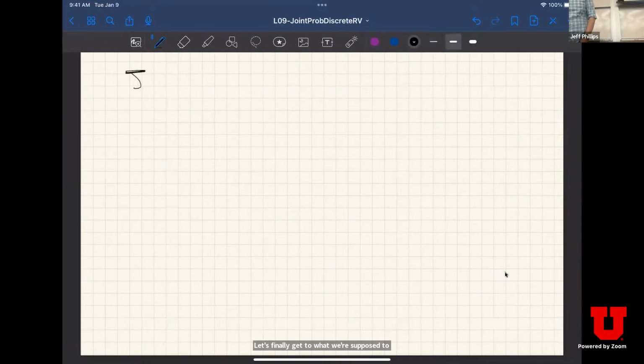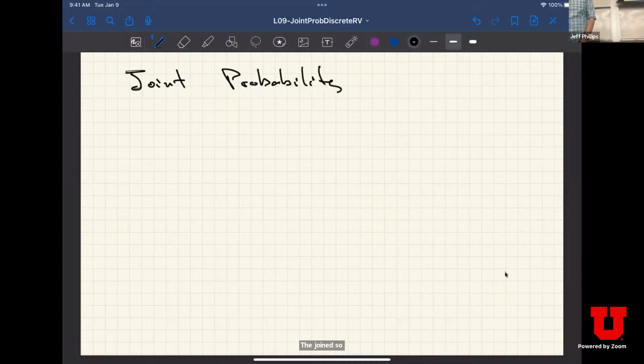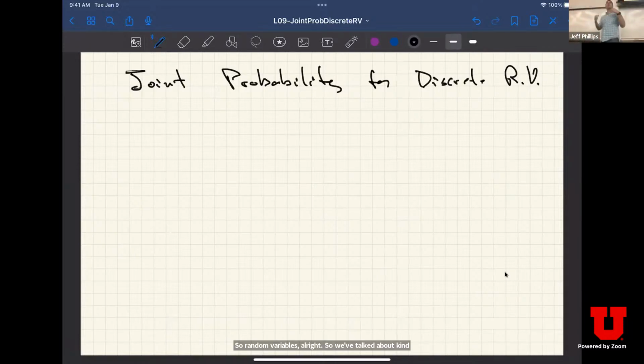The joint probability for discrete random variables. All right, so we've talked about when you have multiple types of events, and we wanted to look at sequential events, like if I had two urns and they both had balls in them.